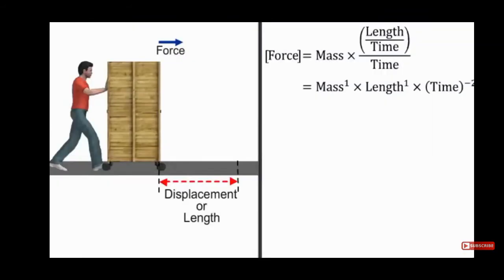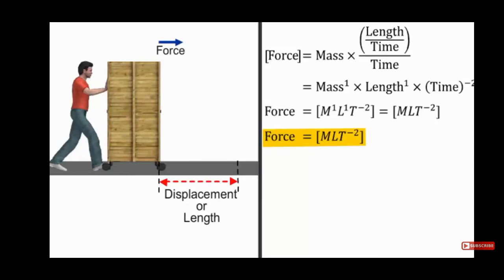The physical quantity expressed in terms of its base quantities is enclosed in square brackets to show that it is an equation among the dimensions of the quantity and not among the magnitudes. Thus we can write the expression for force as [F] = [MLT^-2] as shown. Such an expression for a physical quantity in terms of its base quantities is called its dimensional formula.